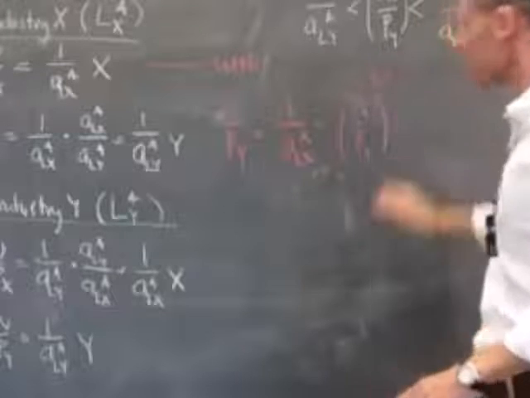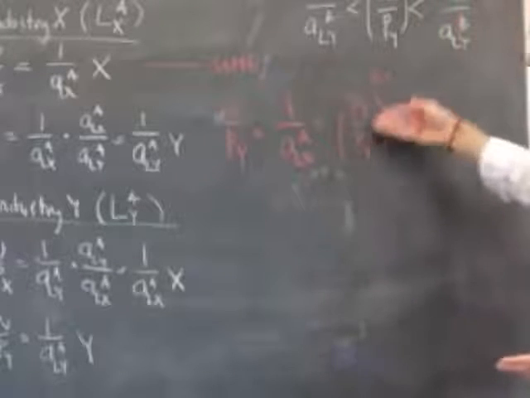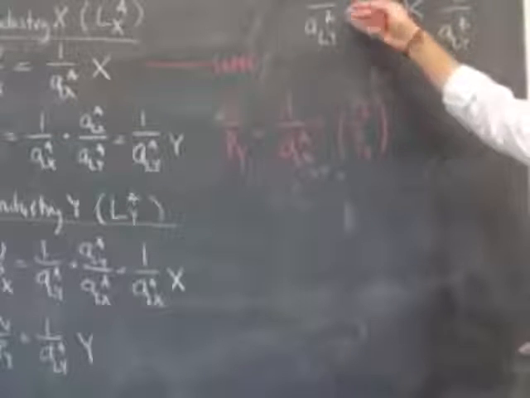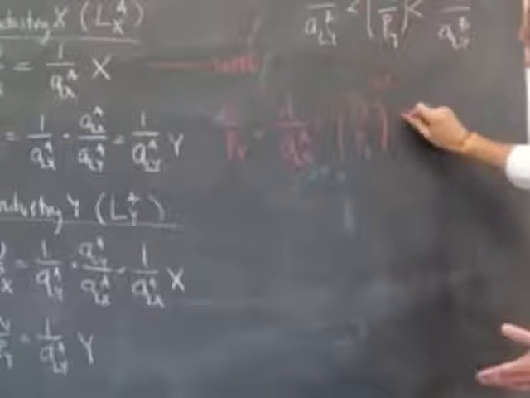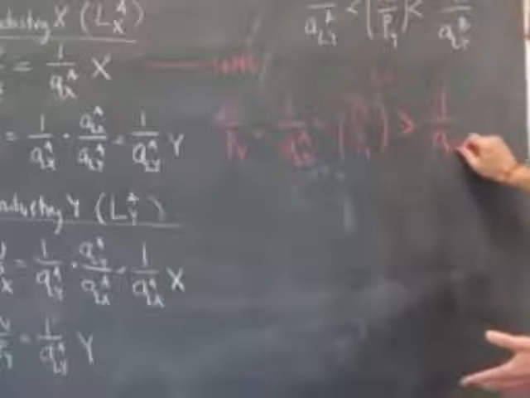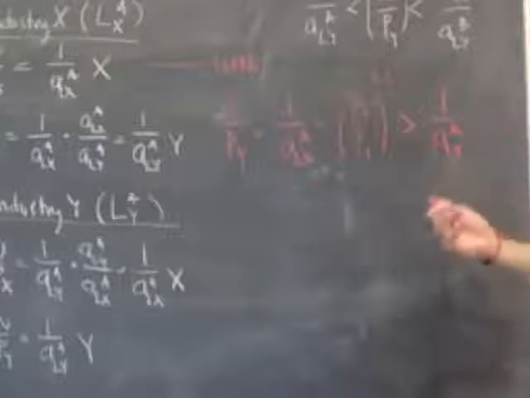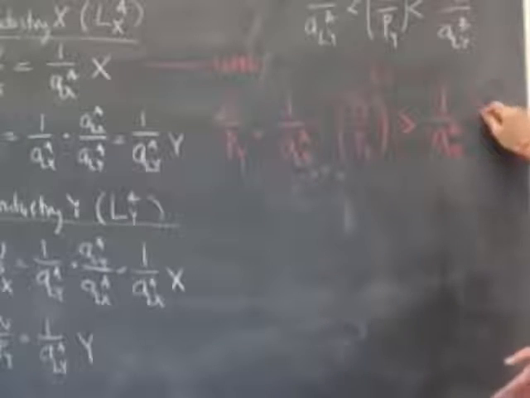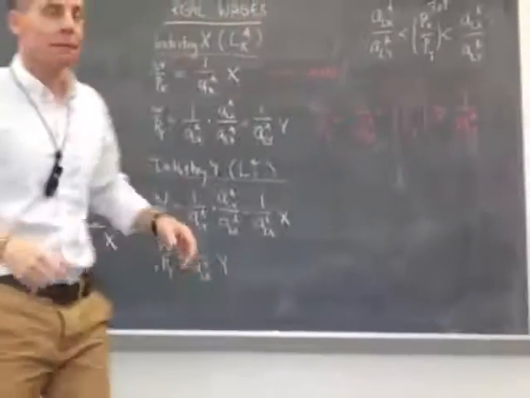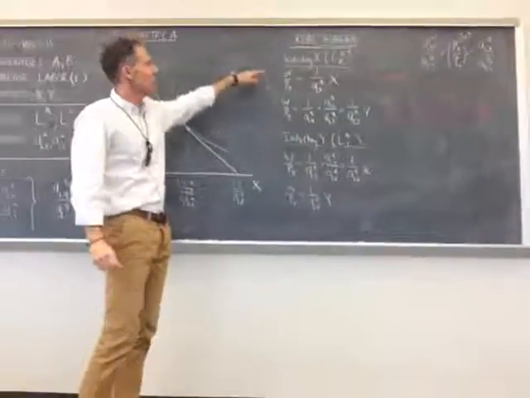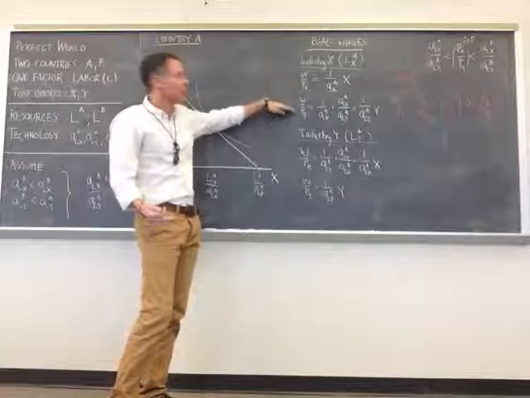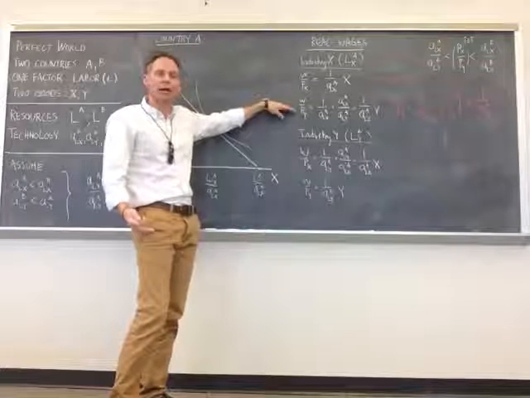But because the terms of trade is greater than the opportunity cost of good X, this will be greater than ALY units of good Y. So what we have shown here is that with trade, a worker in industry X can consume the same amount of good X, but they can consume more of good Y.